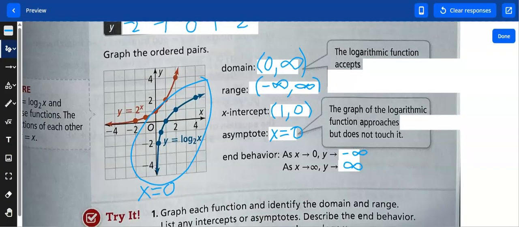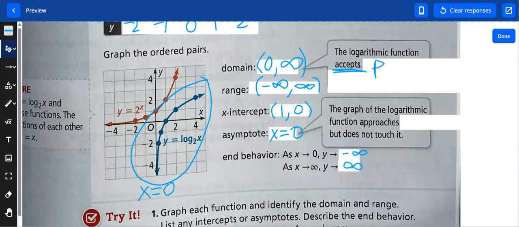What kind of numbers can you plug into a log function? The logarithm function accepts what? MasterCard, Visa, Discover? What kind of numbers can you take the logarithm of, according to that picture? What are the only possible numbers you can plug in for x?